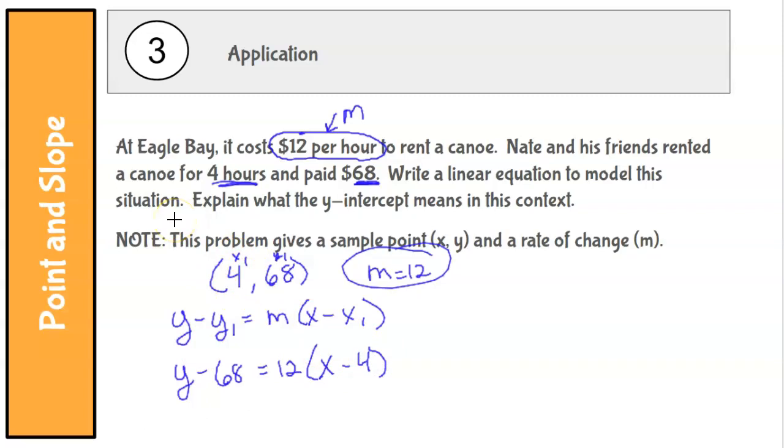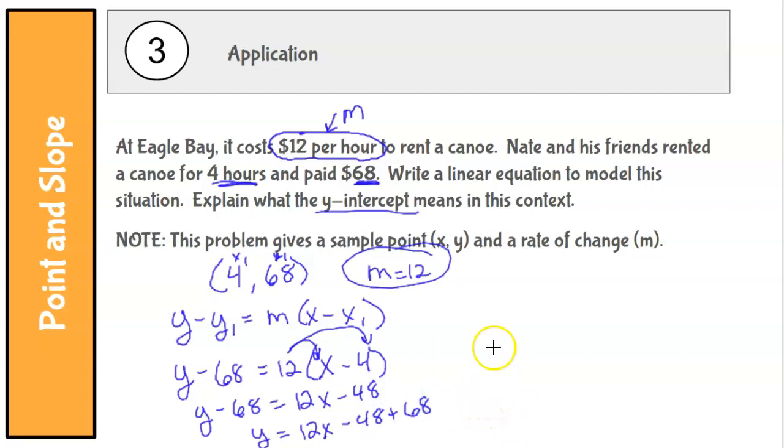Now, this one doesn't actually say that it needs to be slope-intercept form, but it does say explain what the y-intercept means in this context. And I don't have a y-intercept, so I should probably figure that out. So I'm going to go ahead and distribute and solve for y so that I can tell what the y-intercept is.